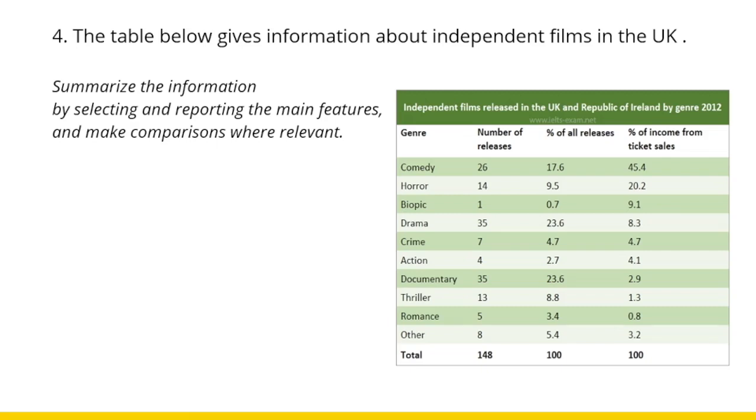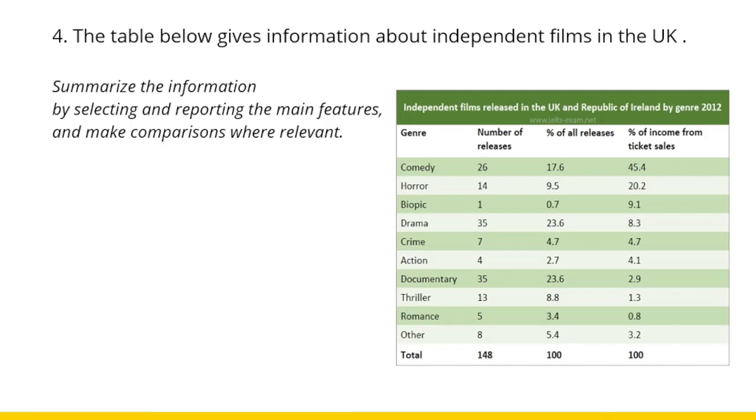If you don't know some words, don't worry about that. As long as you understand the information and you're reporting the most important details, that's all that matters. So don't worry about words or things that you're not sure about. Your job is to understand the numbers, to understand the graphic, and only provide important details.